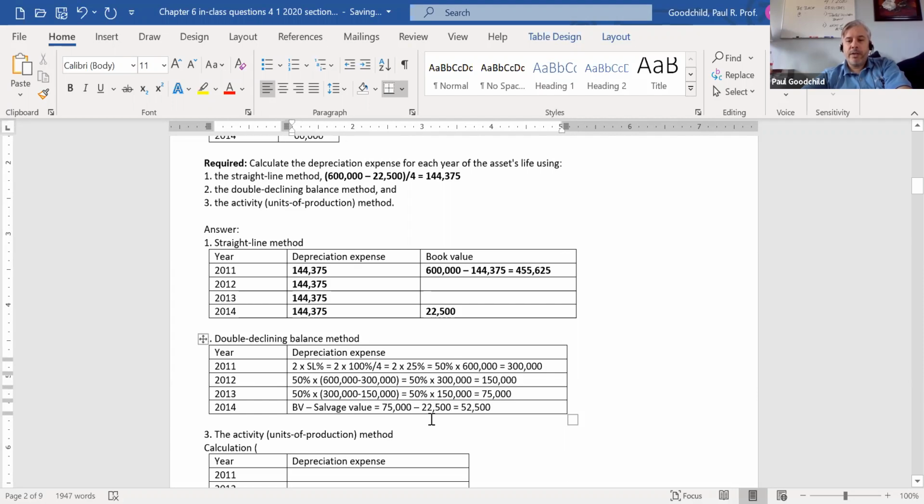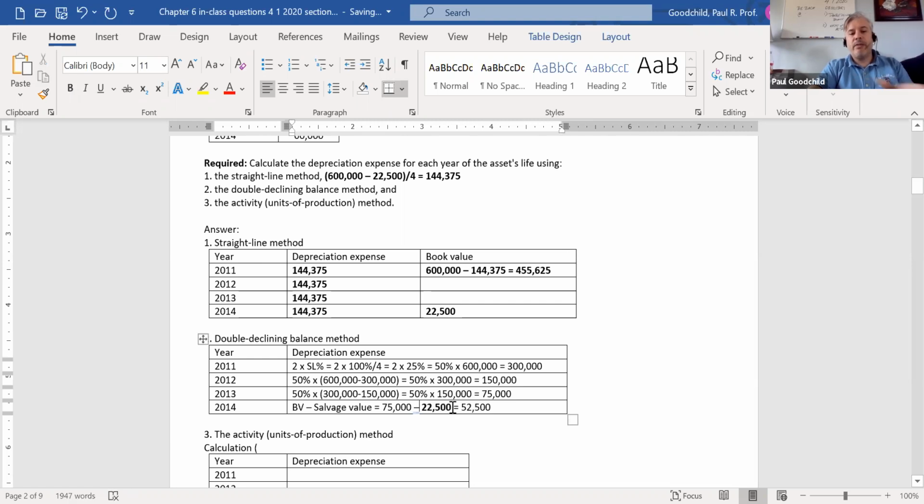And so there's a question on the last one, I'm assuming, for 2014. It says, why do you do that instead of just repeating the process? Because we only have a 4-year useful life, and at the end of the 4 years, we want to get to a book value of 22,500, the salvage value.